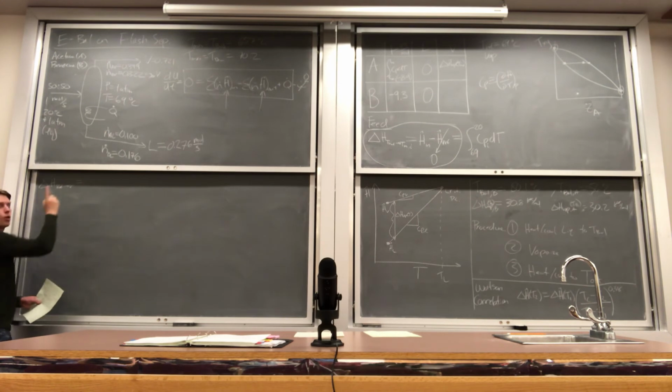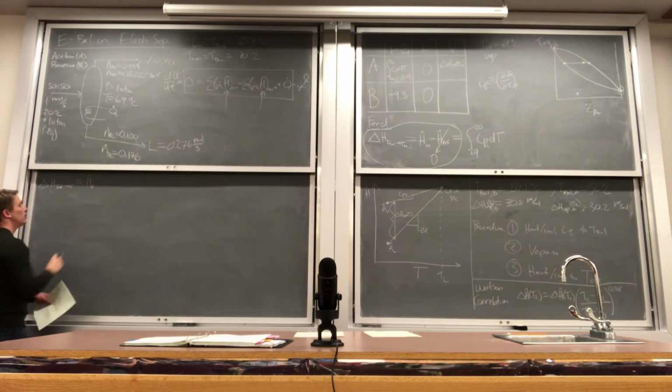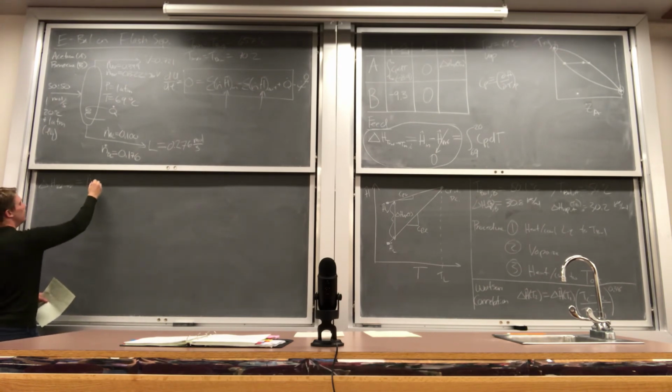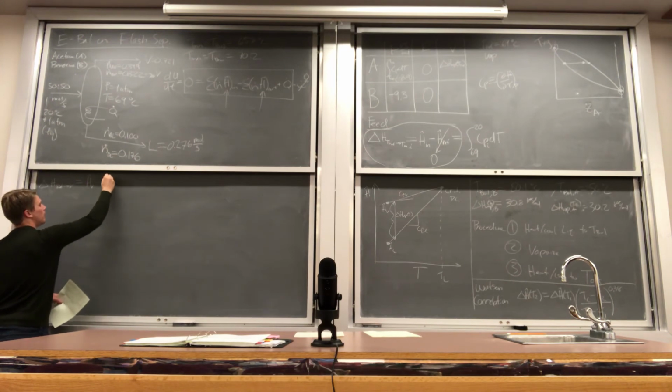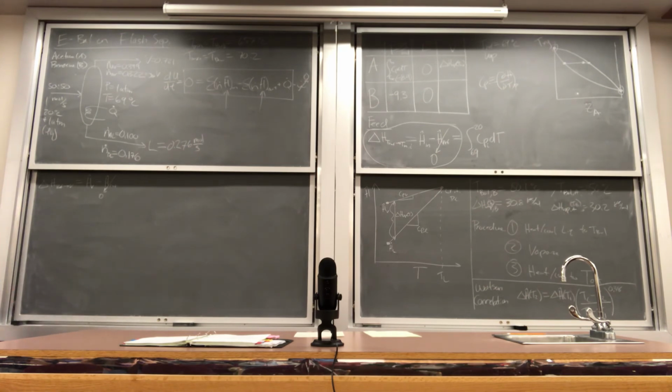Now I can write this overall process as some enthalpy of the vapor, and this could be for A and B, minus the enthalpy of my reference state, which I have very conveniently said is 0 to make things easier. So now I just need to calculate the individual steps going from my reference state to my vapor state.